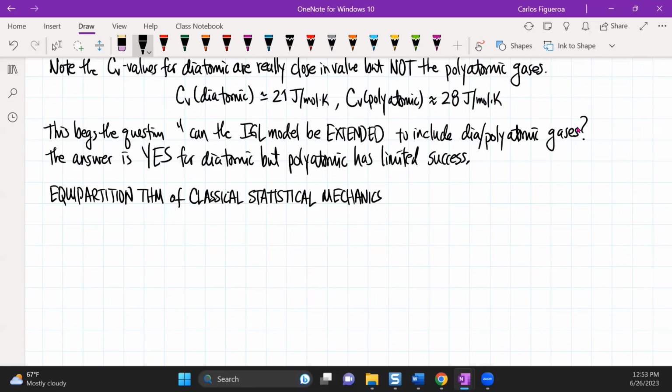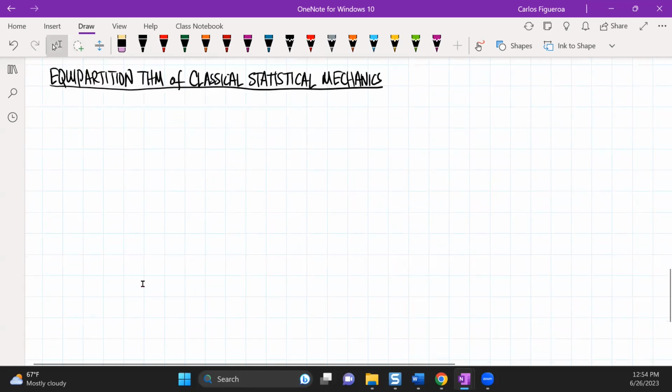And that's where the kinetic theory of gases comes from. Excuse me. Here's what we know. So I'm gonna start off easy with the equipartition theorem, and then I'll get a little bit more complicated.